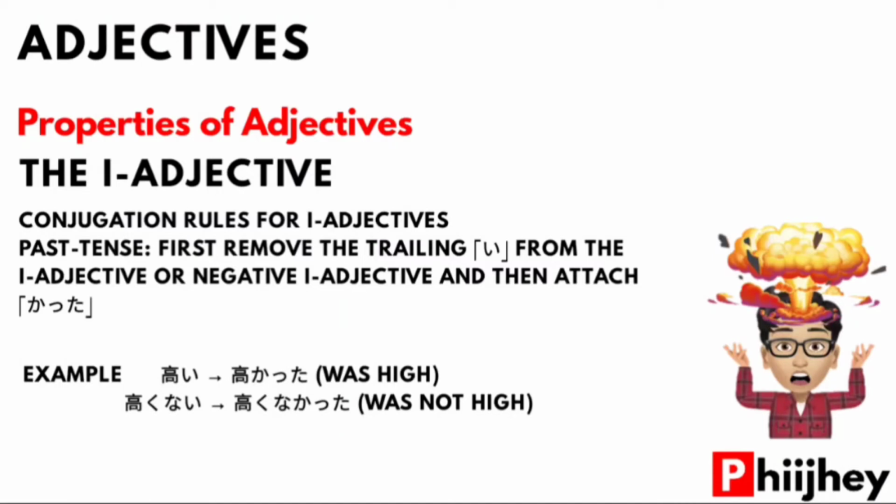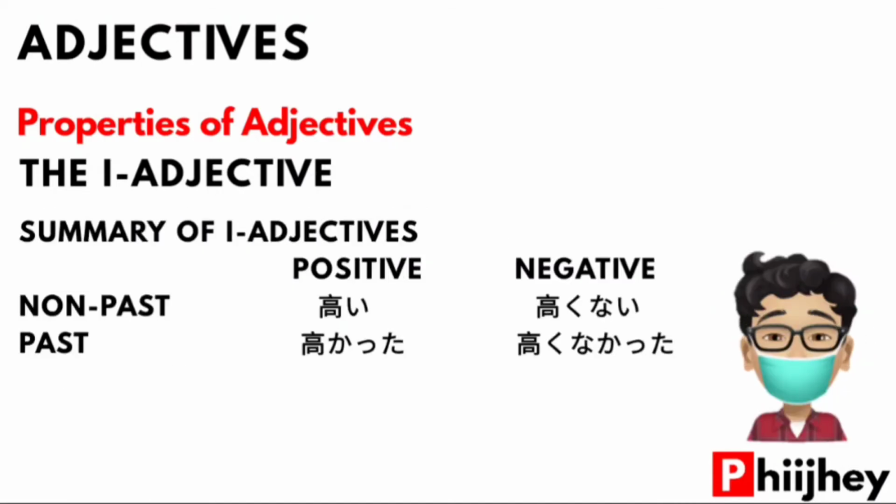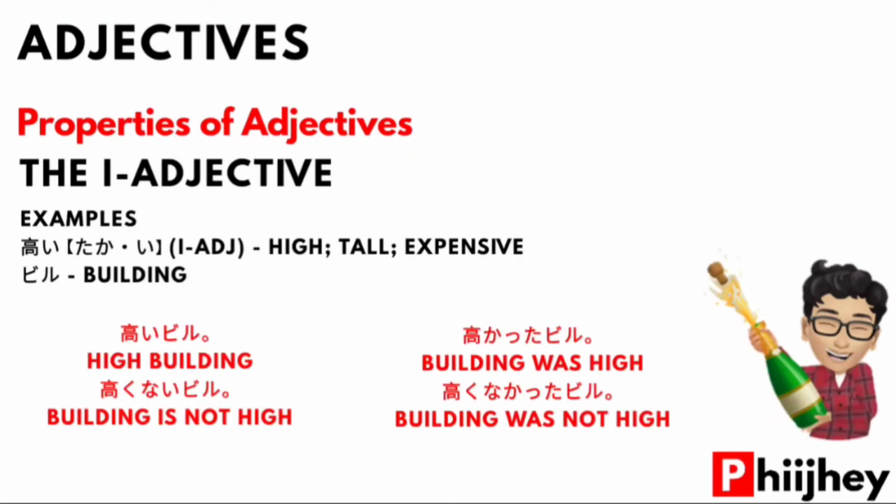Takakunakatta is was not high. So to make a summary of the i-adjective, positive non-past is takai, positive past is takakatta, negative present is takakunai, negative past is takakunakatta.